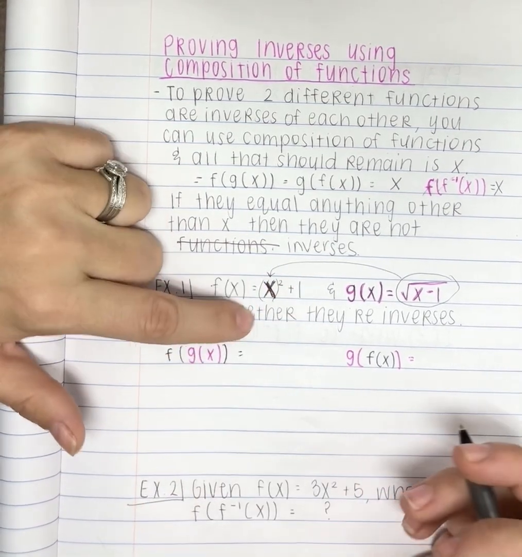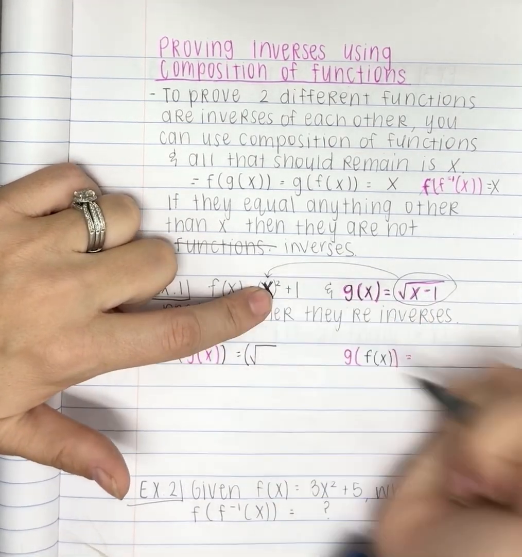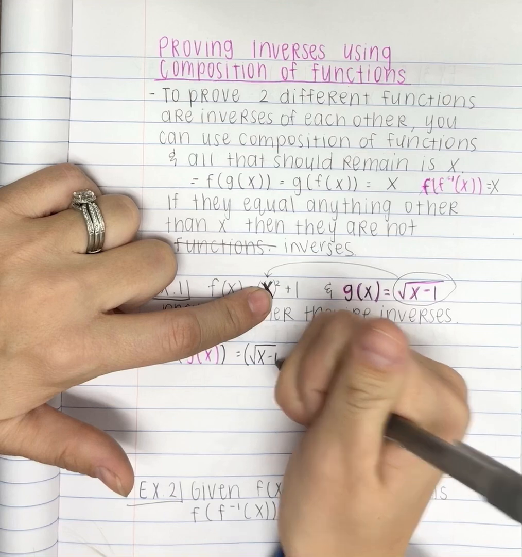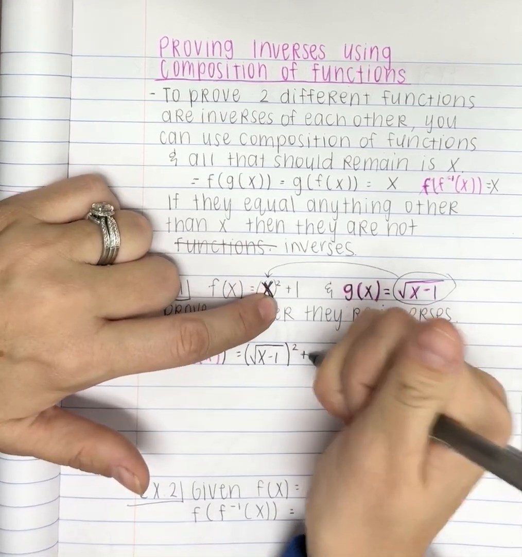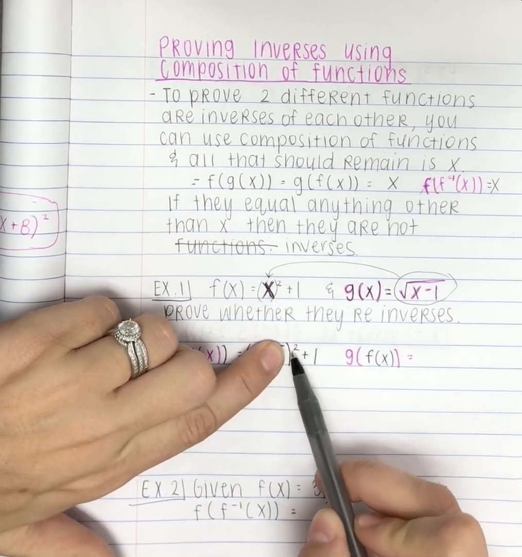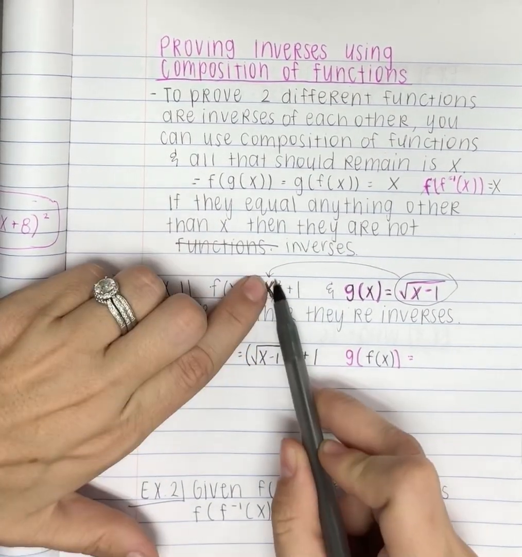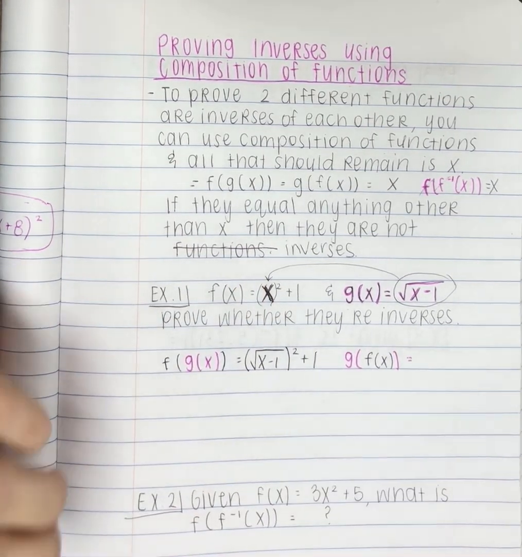So in place of x, I'm putting square root of x minus 1. And then I'm finishing the rest of the problem. The plus 1 is the same, the squared's the same, the only thing that's different is where x was, I put in g, square root of x minus 1.